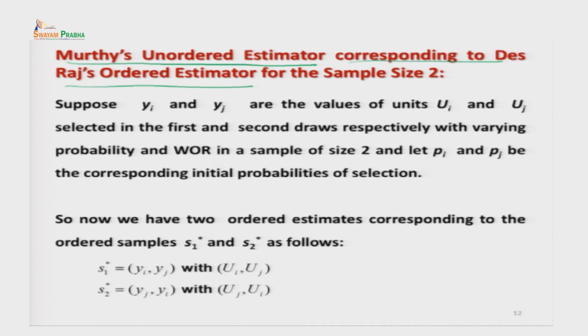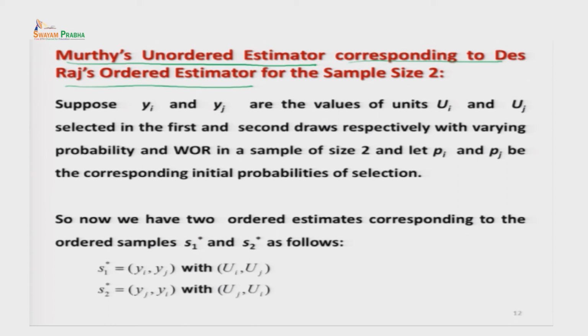We will develop Murthy's estimator for a sample of size 2, and then I will extend it to a general case. As you have seen in the case of the Des Raj estimator, it was easier to understand the concept and algebra when we have only 2 observations, or when we select only 2 observations from the population. That is the same thing I am going to do here.